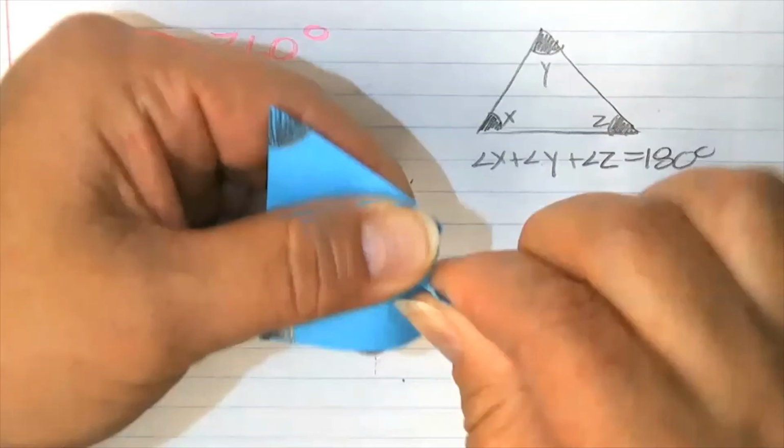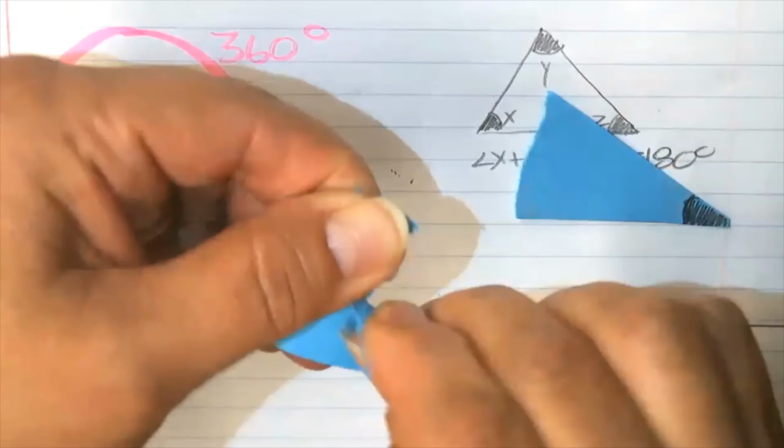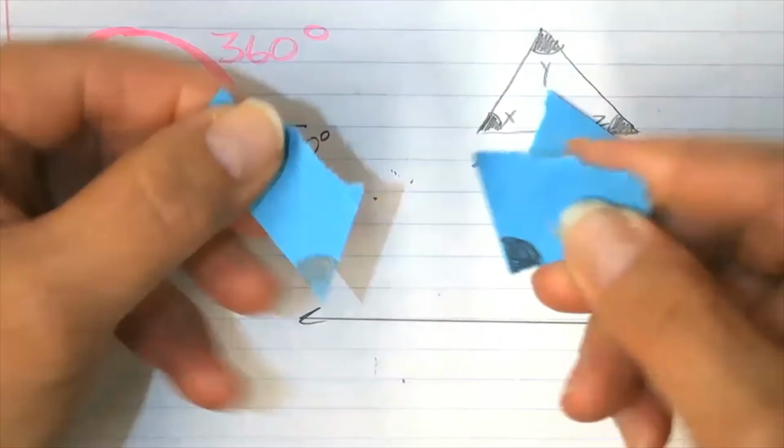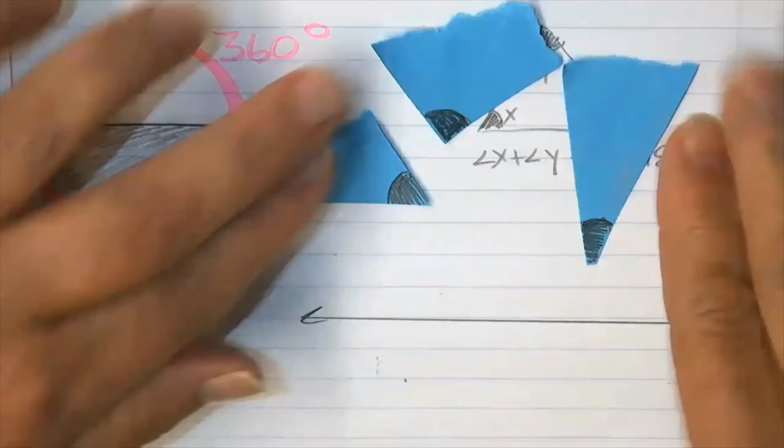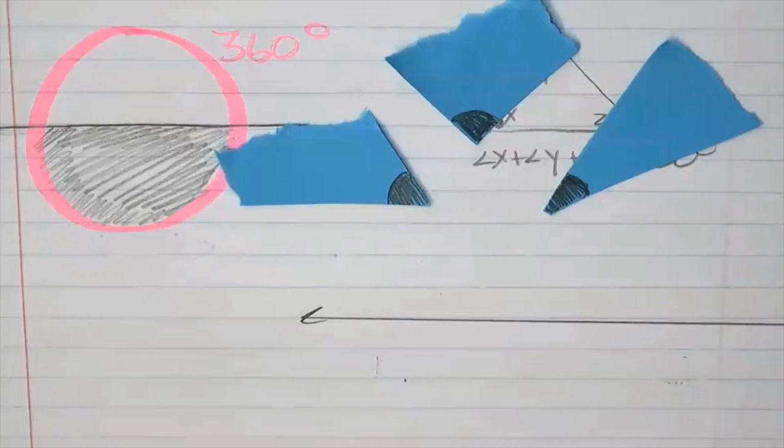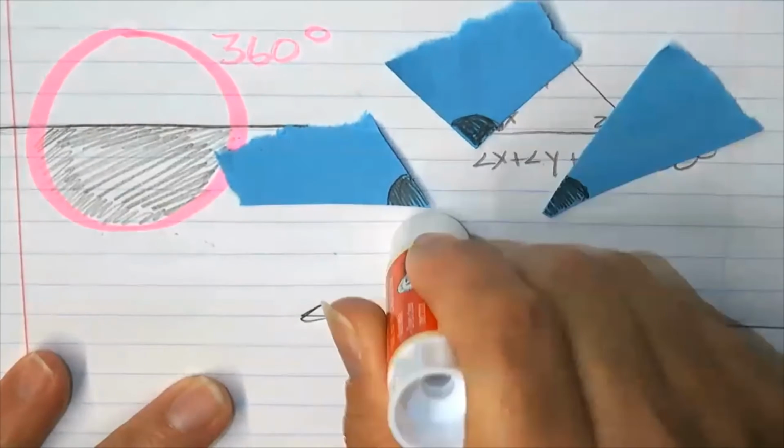I'm going to tear my triangle so that I have my three interior angles. You shouldn't have any trash. There shouldn't be any leftover pieces. We're just tearing the three interior angles apart.